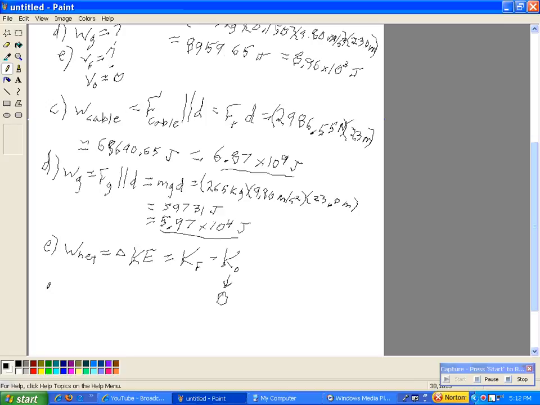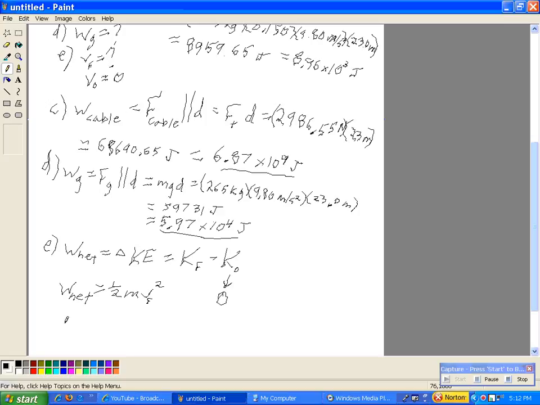What we end up with is that the net work will equal 1/2 m, mass times the final velocity squared.